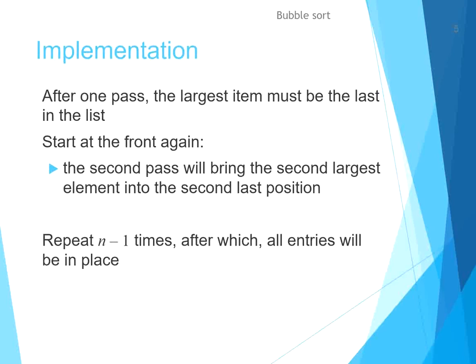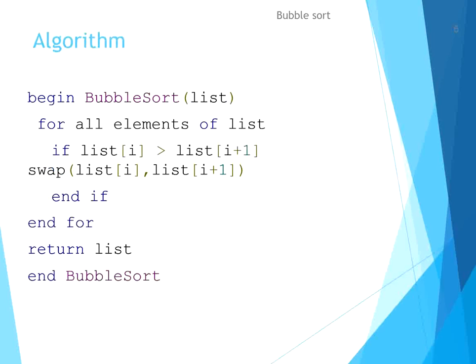So start at the front again. The second pass will bring the second largest element. After each iteration, you will get the second largest element, then third, then fourth, and so on. We will repeat this process n-1 times. After that, we will get the sorted list. So this is the algorithm.